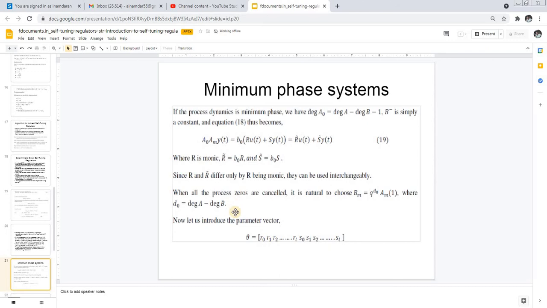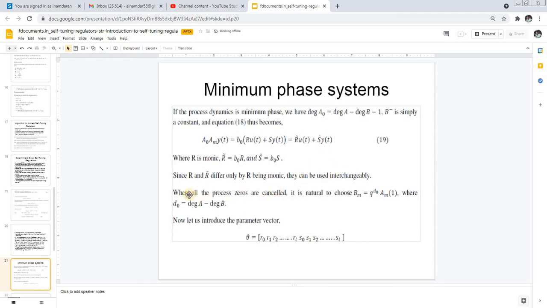Since R and R' differ only by R being monic, the difference between R and R' is that R is monic, and they can be used interchangeably according to convenience.